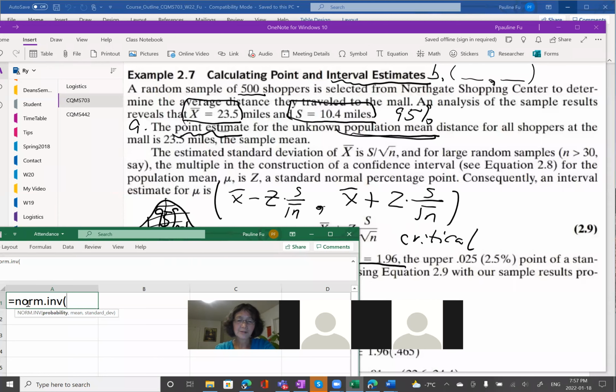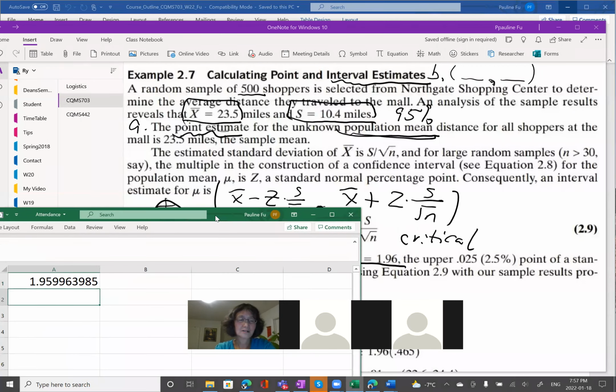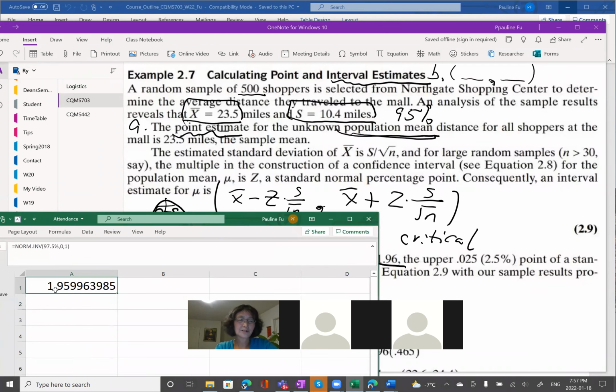I will type in 97.5%, and then mean is 0, standard deviation is 1. All right, I'm going to give you the formula, then I will explain what I typed in.